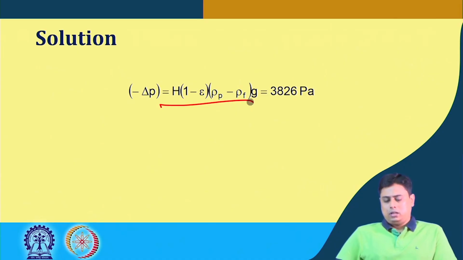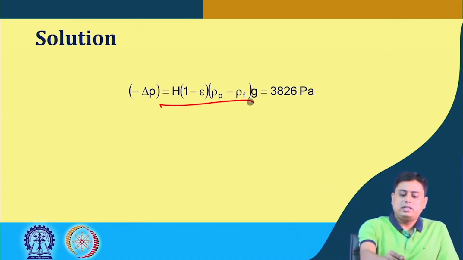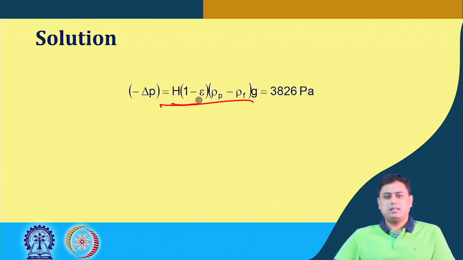So, which means we can write this balance. So, this is the height, h, multiplied by 1 minus epsilon, which is the solid fraction, multiplied by the relative density multiplied by the g, that is its apparent weight, and the pressure gradient, okay, that is now in balance.